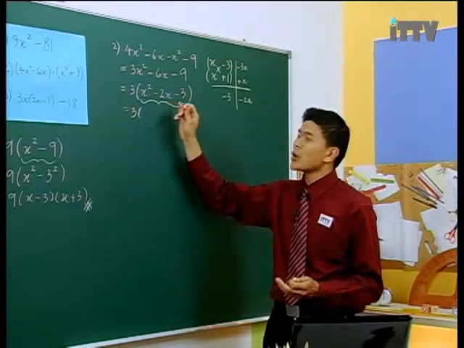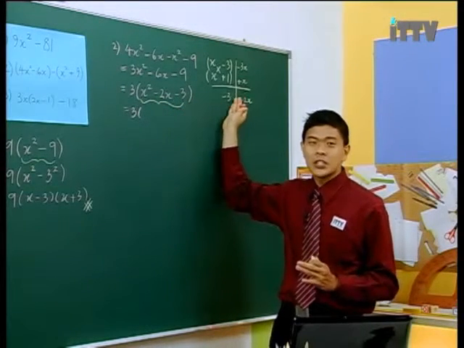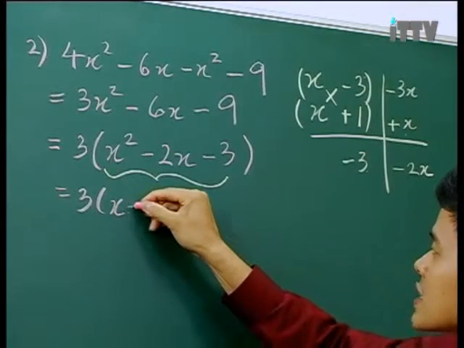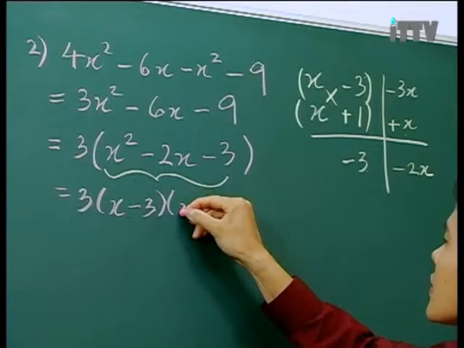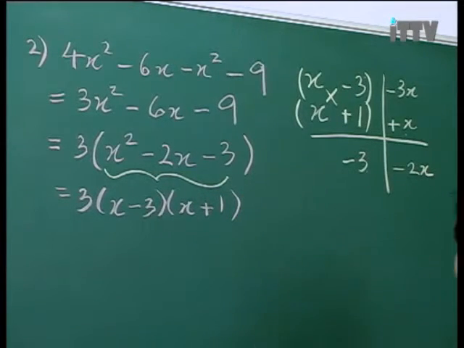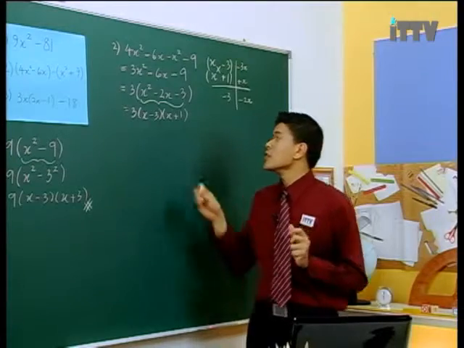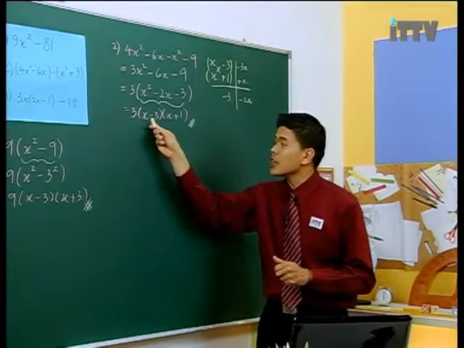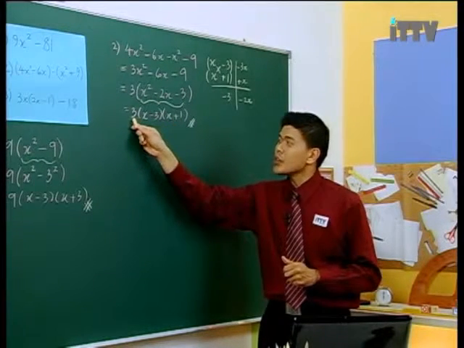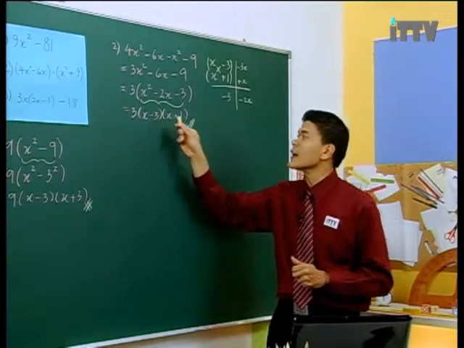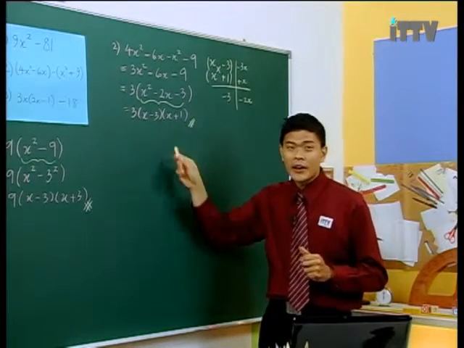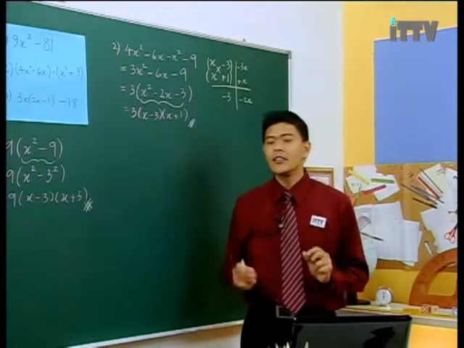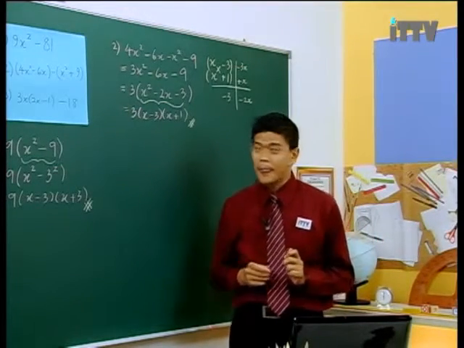We have just factorized it using the cross method, and we have obtained the two factors, which are x - 3 and x + 1. So now the factorization is complete when you identify 3 factors, which are 3, x - 3, and x + 1. Always remember guys, factorizing must be done completely until you cannot factorize anymore.